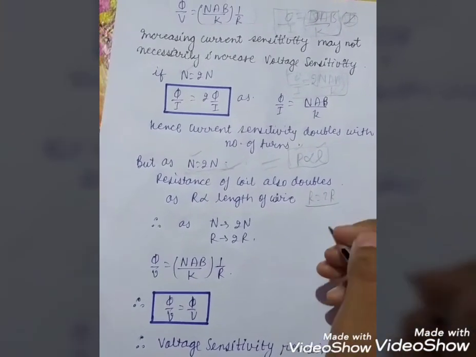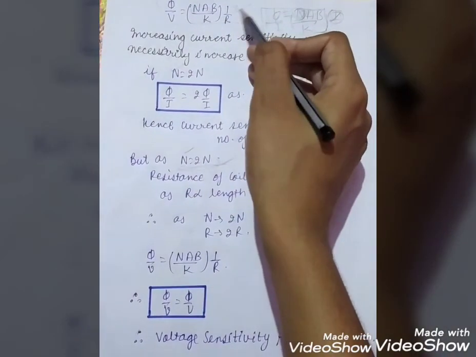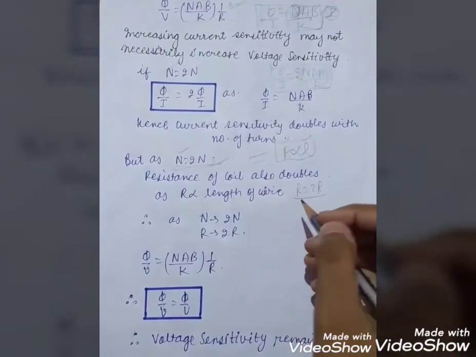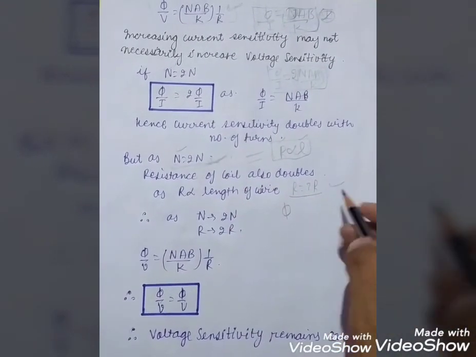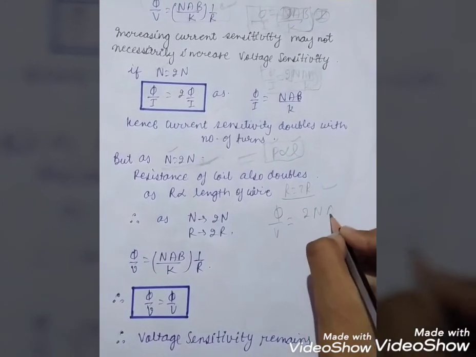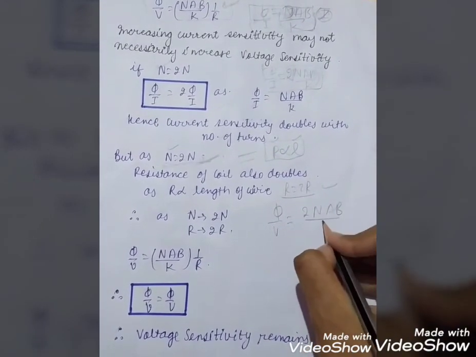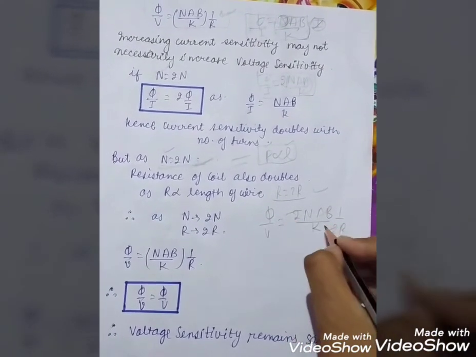We already have the formula for voltage sensitivity. In this formula, if we put n equal to 2n and r equal to 2r, what do we get? Phi divided by V is equal to 2NAB divided by K into 1 upon 2r. So this 2 and 2 get cancelled.